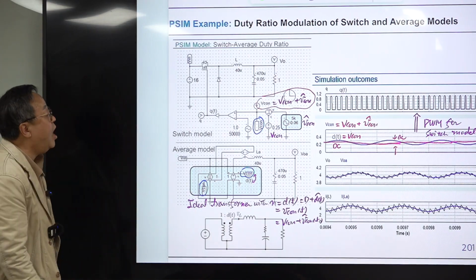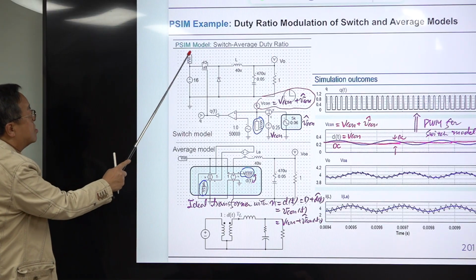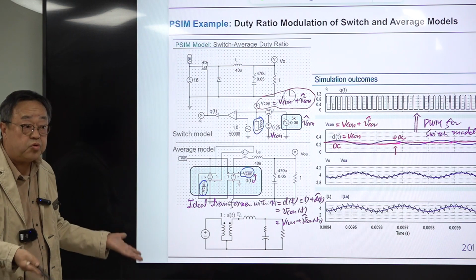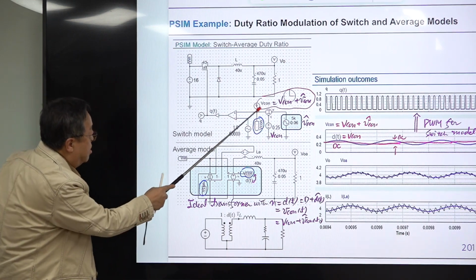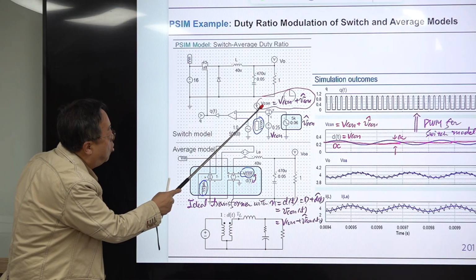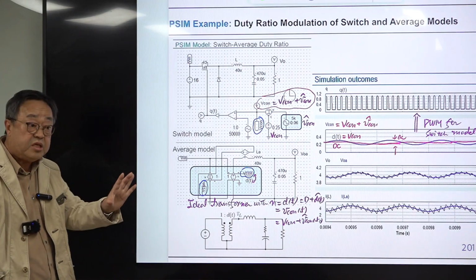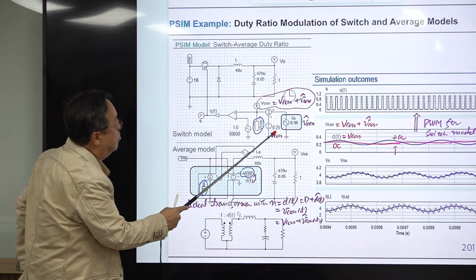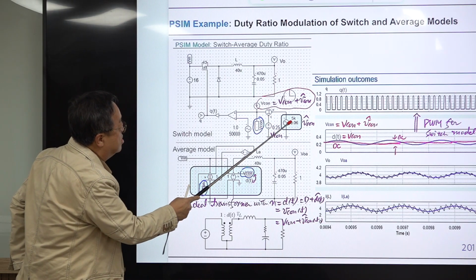But in the time domain model, in the switch model, there is no concept of continuous duty ratio. Instead, we have the definition of V con, which is just the control voltage. The DC component is coming here, and the AC component is coming here.